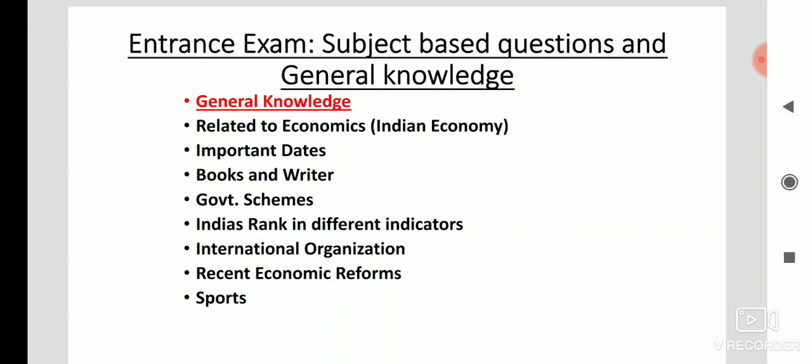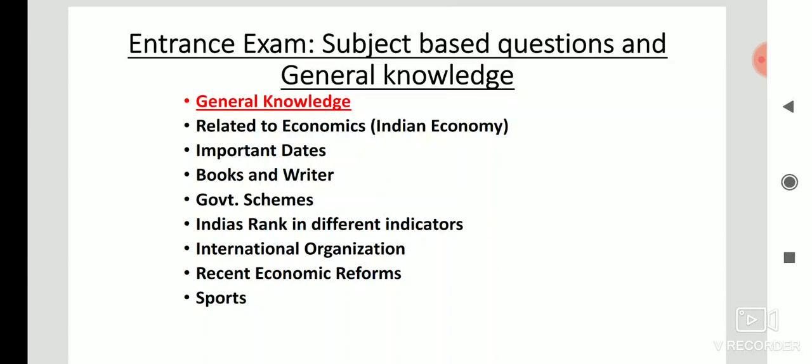Similarly, questions may come from government schemes of the central government or state governments. India's rank in different indicators may come as a general knowledge question related to economics.